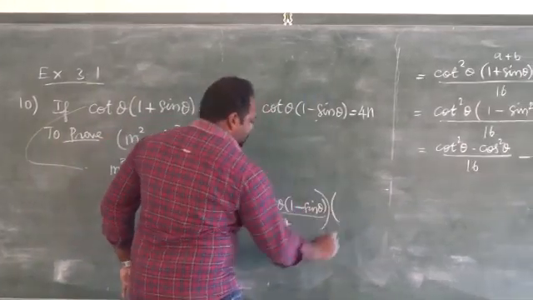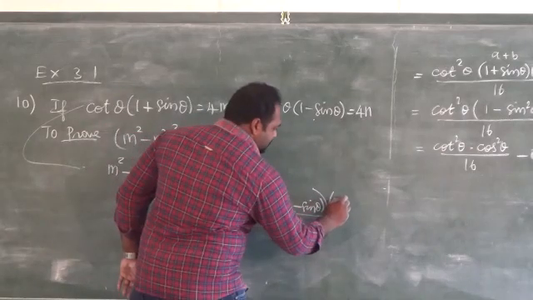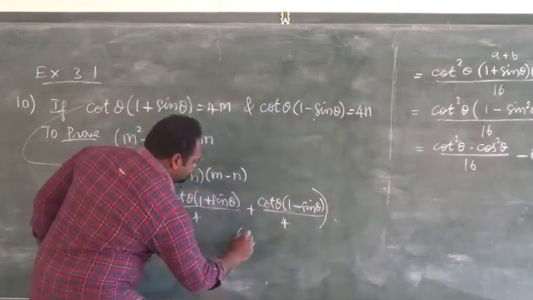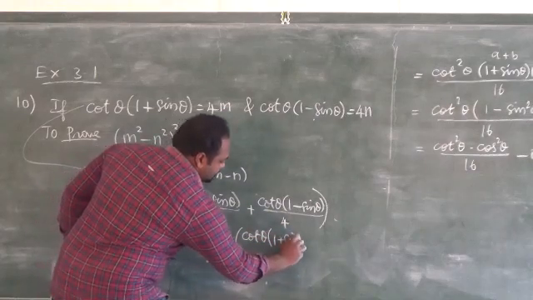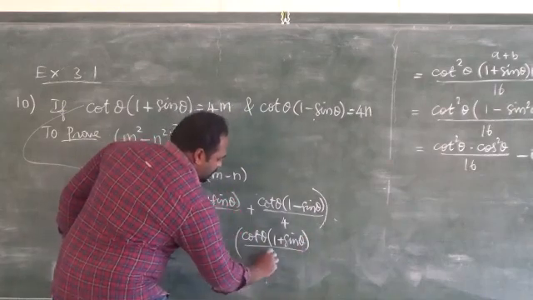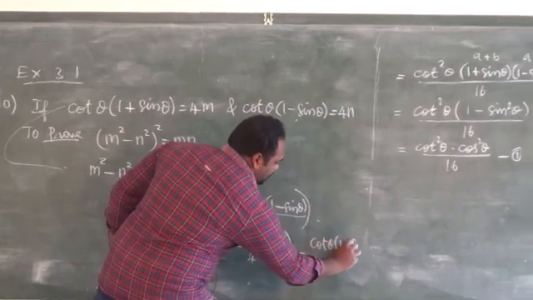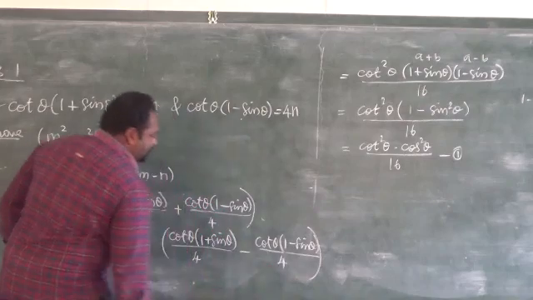Next, into the second term, m minus n, that is cot theta into 1 plus sin theta by 4, minus cot theta into 1 minus sin theta whole divided by 4.